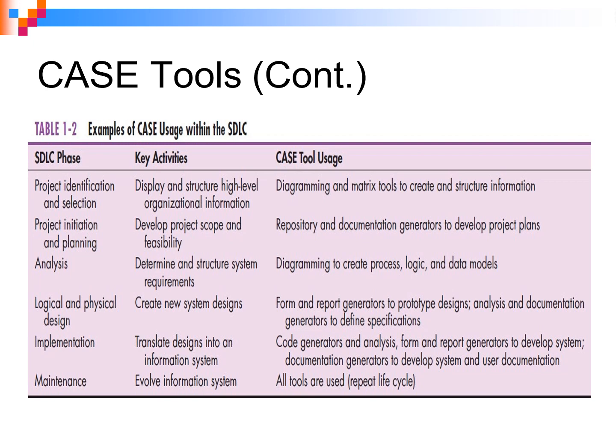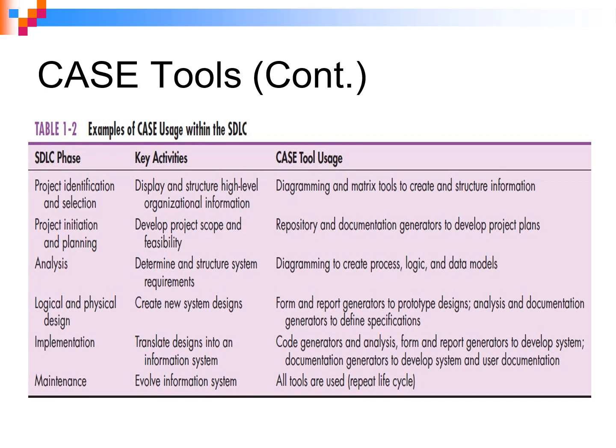And then for the CASE tool, diagramming to create process logic and data models. Okay, so logical and physical design, key activities, create new system designs. Okay, for CASE tool usage, forms and report generators to prototype design, analysis and documentation generators to define specifications.